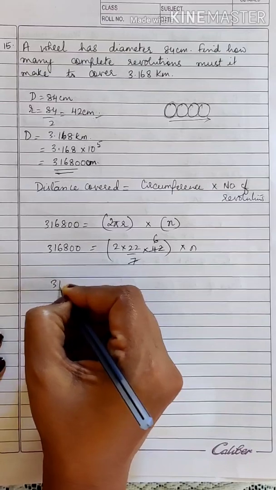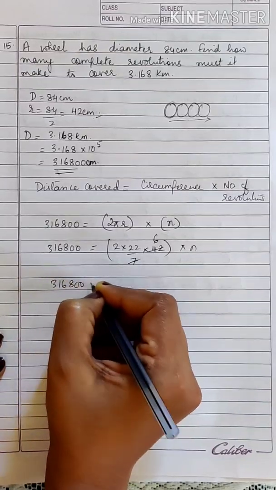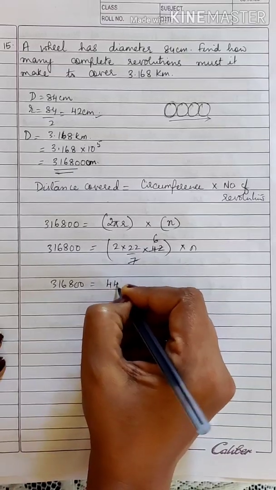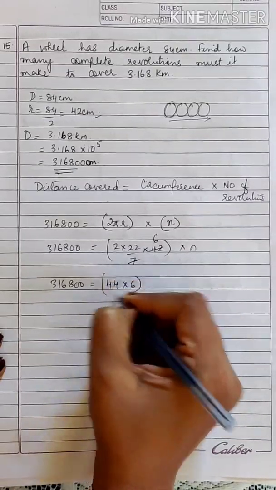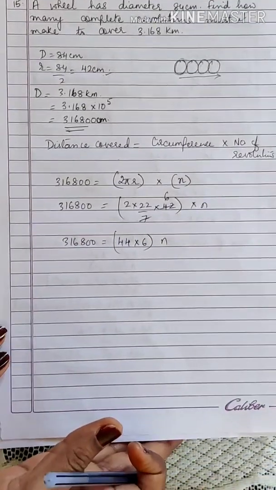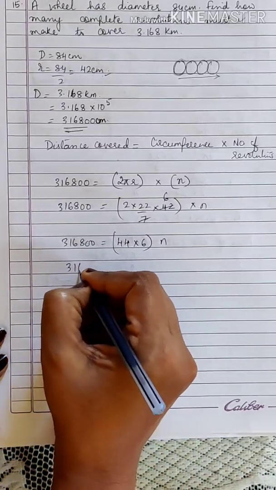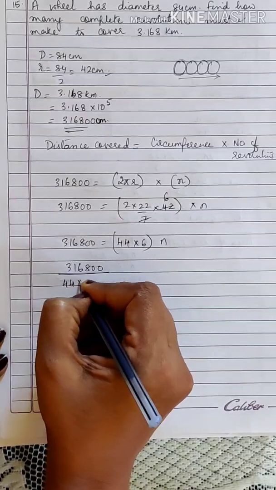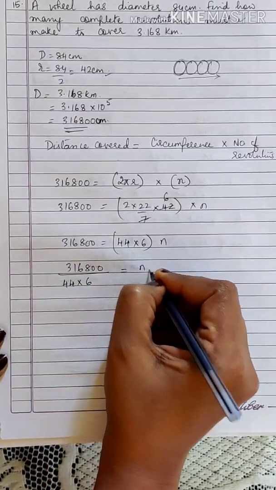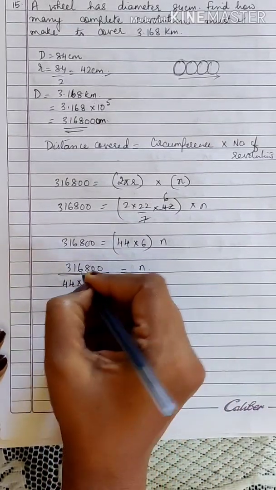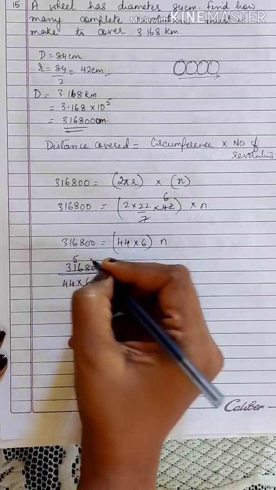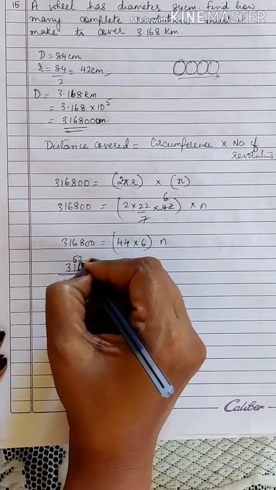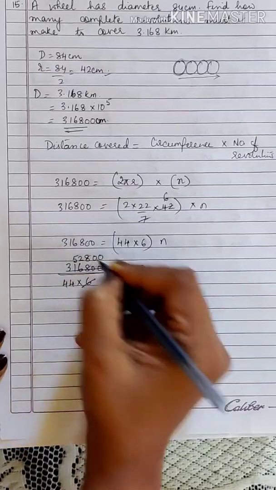So 3,16,800 is equal to 44 into 6 of n. So n, 3,16,800 upon 44 into 6 is equal to n. Now reduce this, 6 ones are 6, 5 6s are 30, 1 2 8 and 0 0.